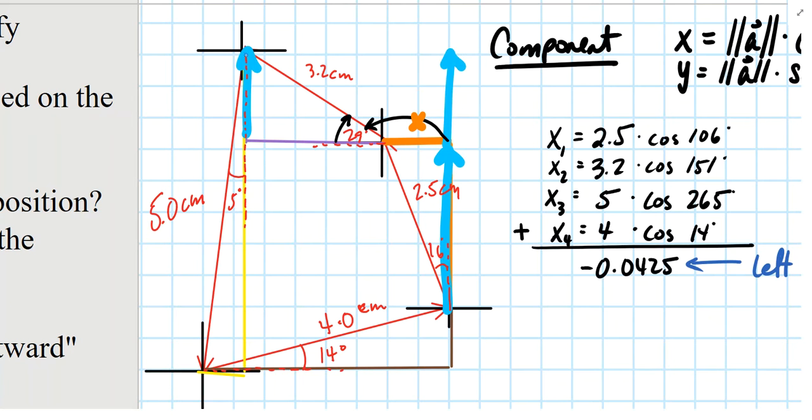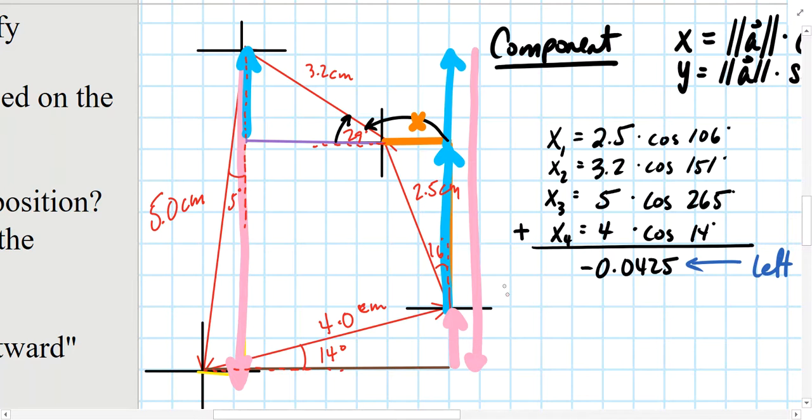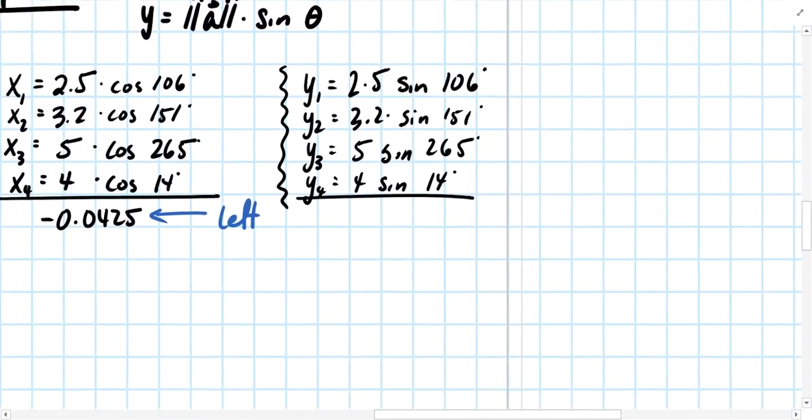But then I've got a downward facing arrow for my next vector, which is this one, and then I've got an upward facing vector for this one. So if I add together all of those upward facing vectors and subtract this downward facing vector, the idea or the hope is that we'll level off, we'll come back to 0, and any difference between the two is going to be reported with this computation.